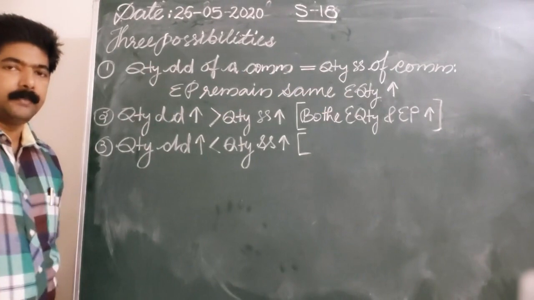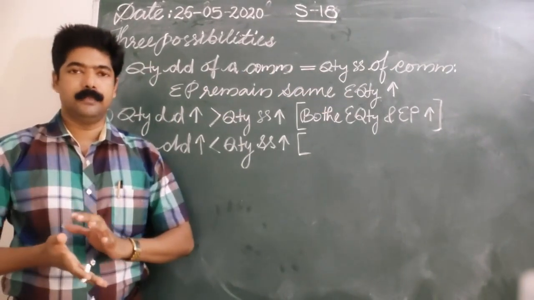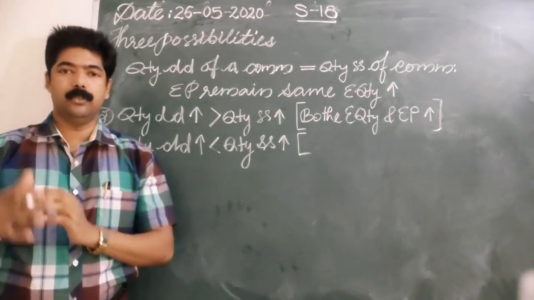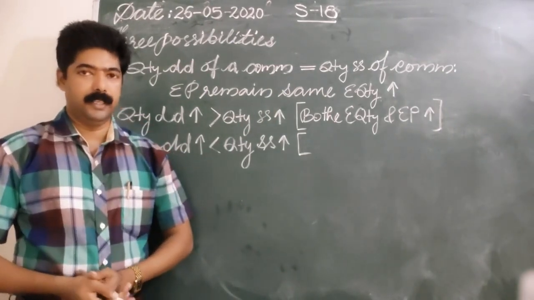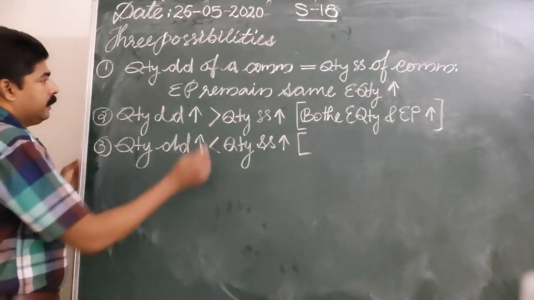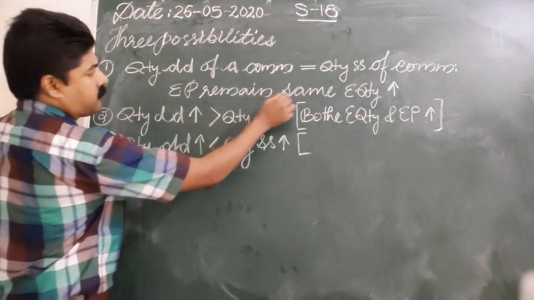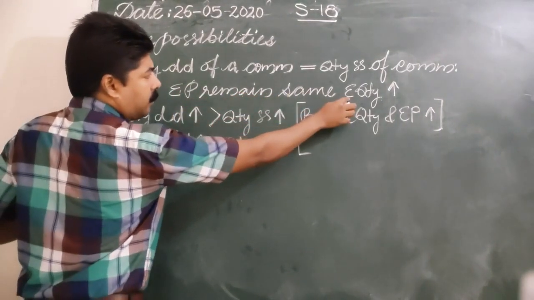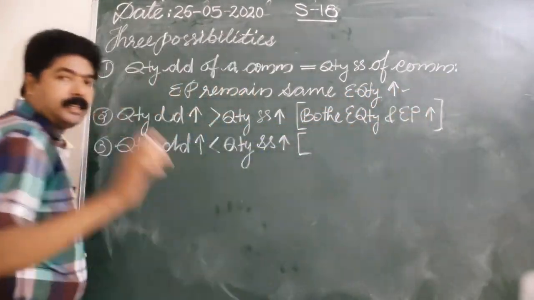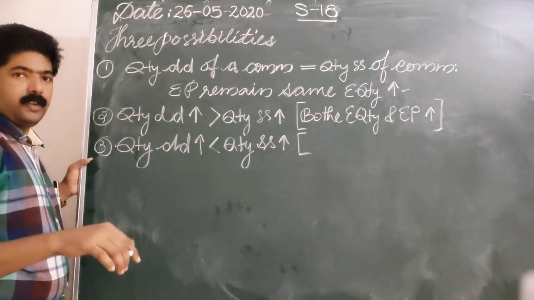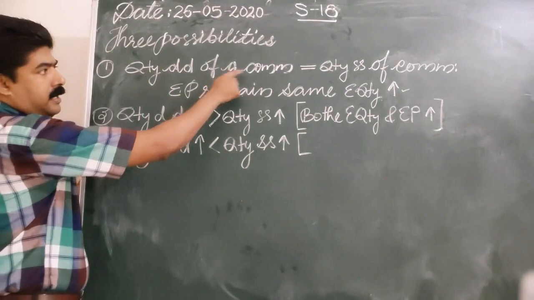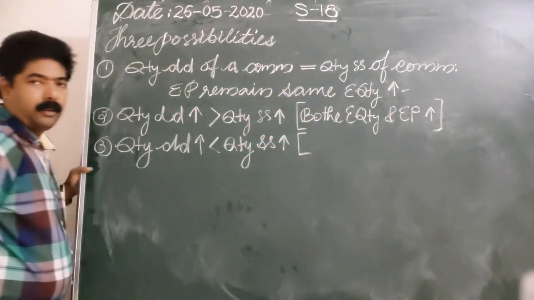In that case, if there is a change in the market, with quantity demanded increasing equal to quantity supplied, then we will get the effect: equilibrium price remains the same and equilibrium quantity increases.